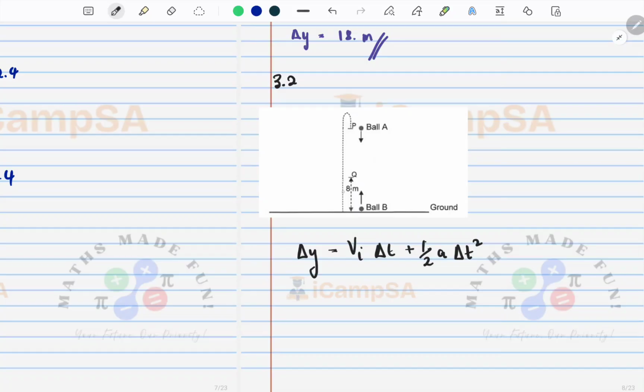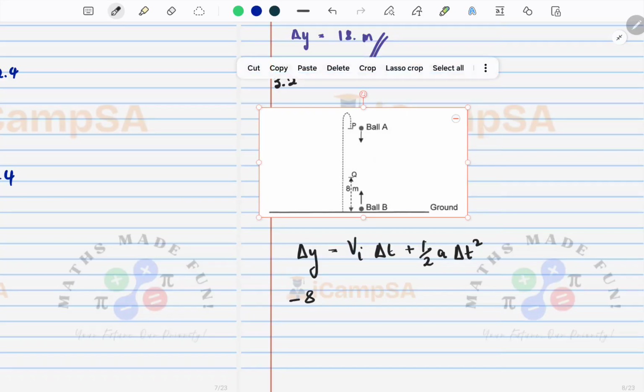This ball that we're talking about is coming down. So how long does it take to get to that point? That's one question you should be asking yourself, and then the rest is just going to fall into place. So we set that as minus 8 because we are going down.